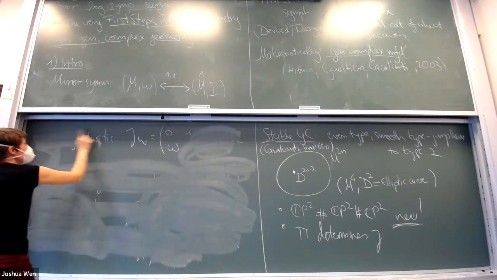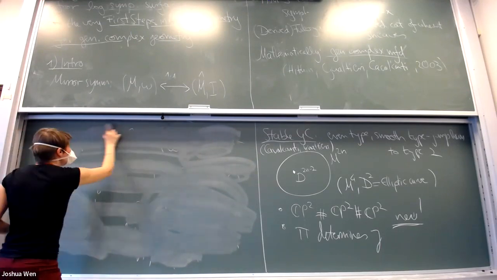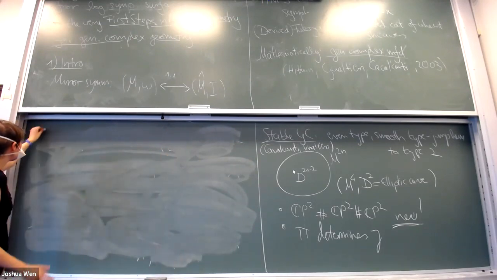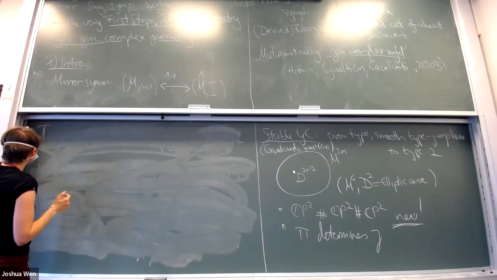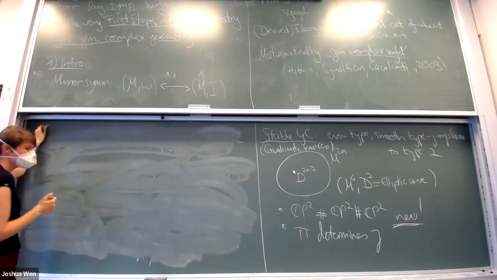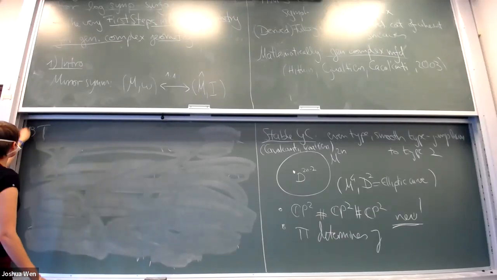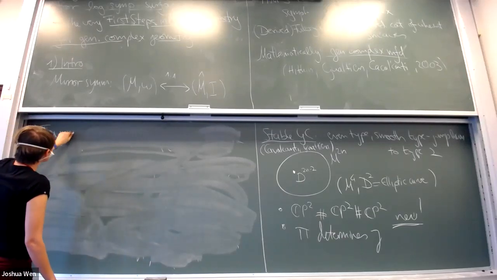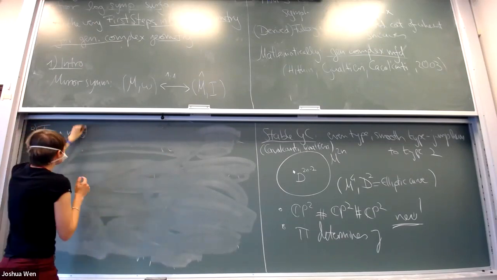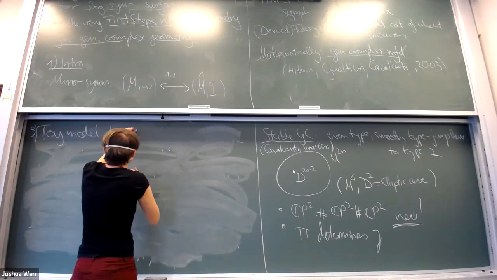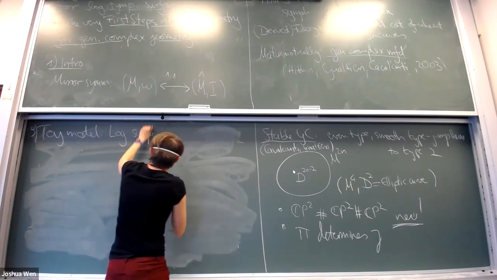And so that's what I will talk about for the rest of this. So basically, I call this the toy model. Which section number am I at? 3. So 3 is the toy model for stable generalized complex, and that is log symplectic surfaces.